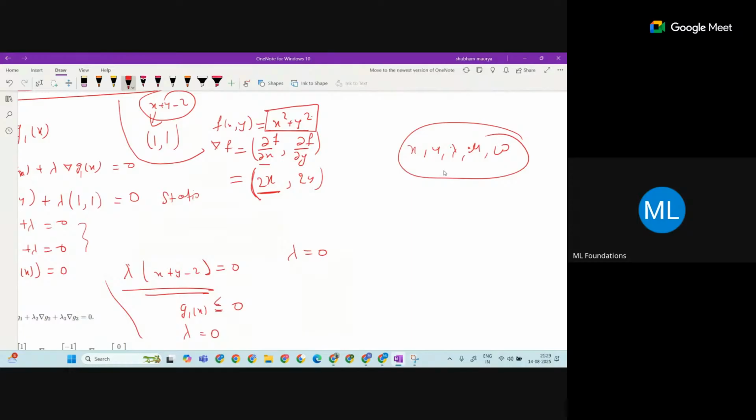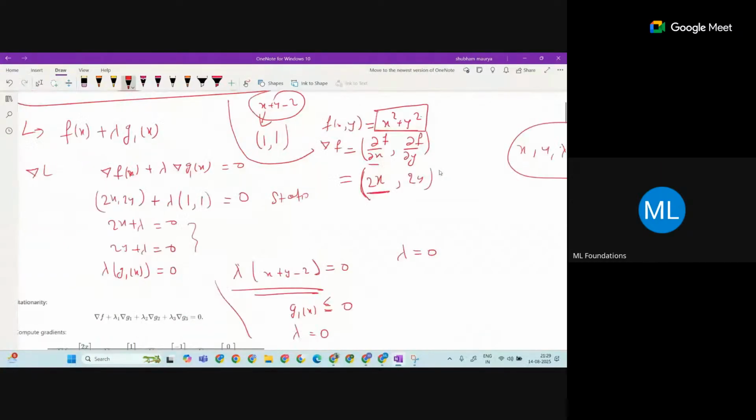That's why the complementary slackness, dual feasibility, primal feasibility, and the stationary condition all give you equations.